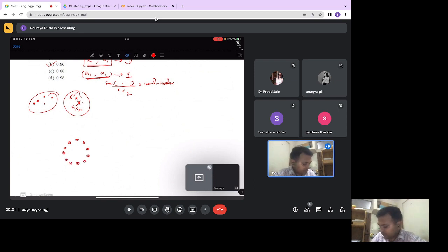These are one class and the other class is like this. I hope the 2 classes are visible, and these are basically concentric circles.